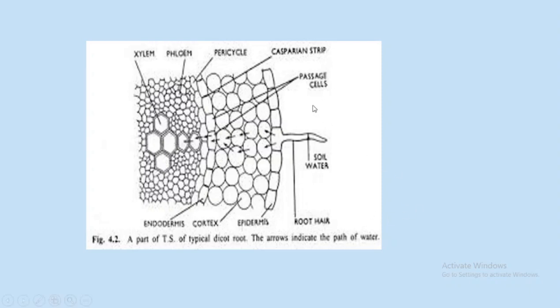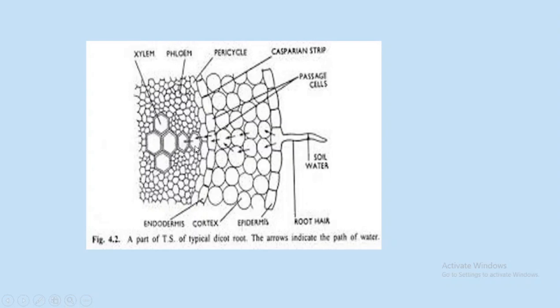This root hair is in direct contact with the soil water. These are the epidermal cells. Then these are the cortex cells. It is the endodermis. Then this is the pericycle, and it is actually the water conducting cells or the water conducting strands.